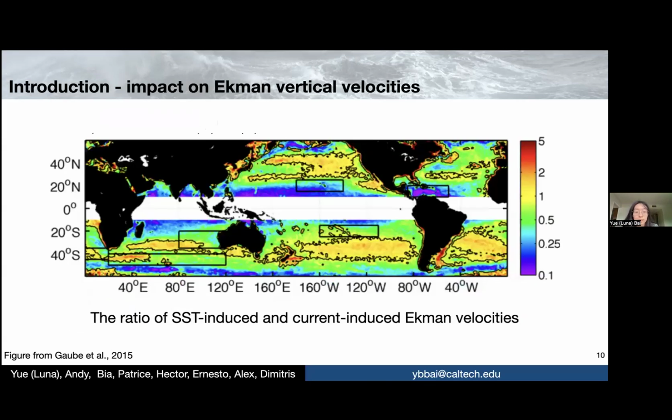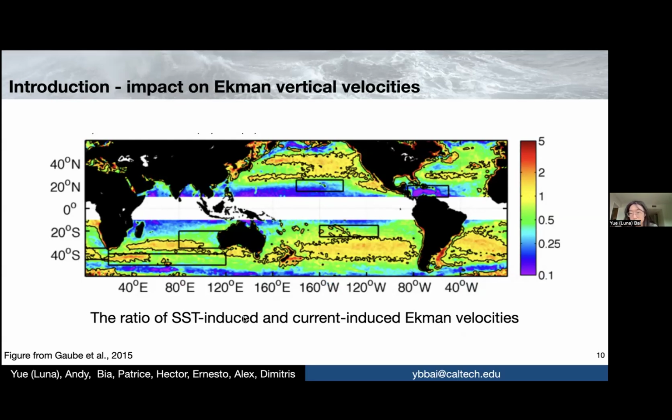And here is a plot from Gaube et al., 2015. They are also looking at the SST-induced and current-induced velocities, and here is a global ratio of those two. In general, we can see red or yellow patches in the middle of these gyres, and I think these represent less energetic regions.